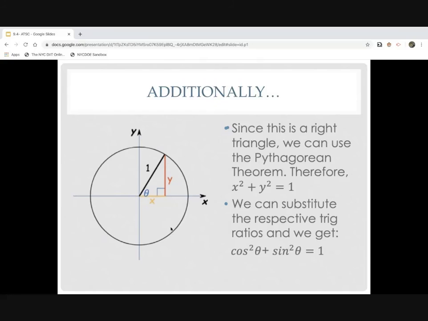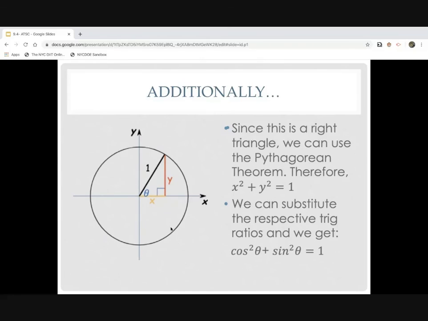Additionally, from our originally drawn triangle, we can derive the Pythagorean theorem, x squared plus y squared is equal to 1 squared or 1. But we can replace x with cosine of theta, and we can replace y with sine of theta.